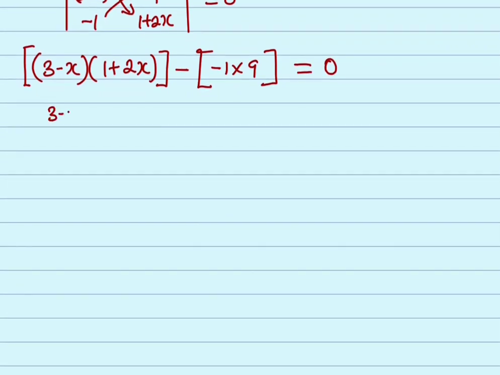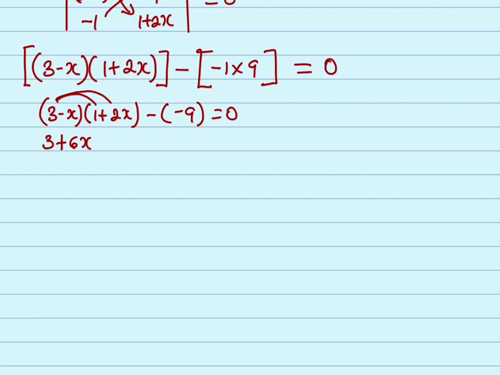Now, this is (3 minus x) times (1 plus 2x) from the right diagonal, then we have minus (−9) is equal to 0. Expanding it, 3 times 1 is 3. Then 3 times 2x, which is plus 6x.